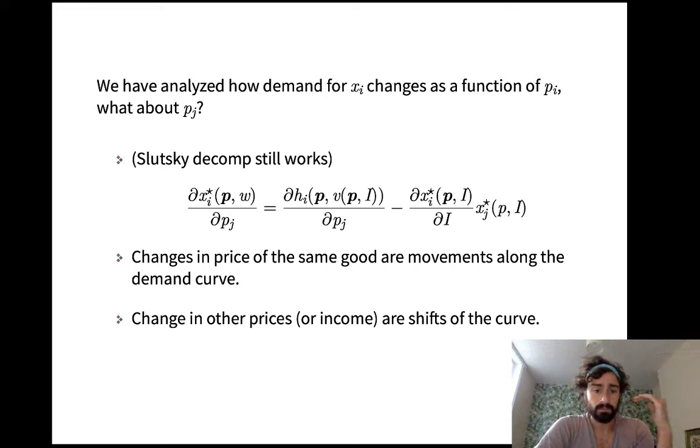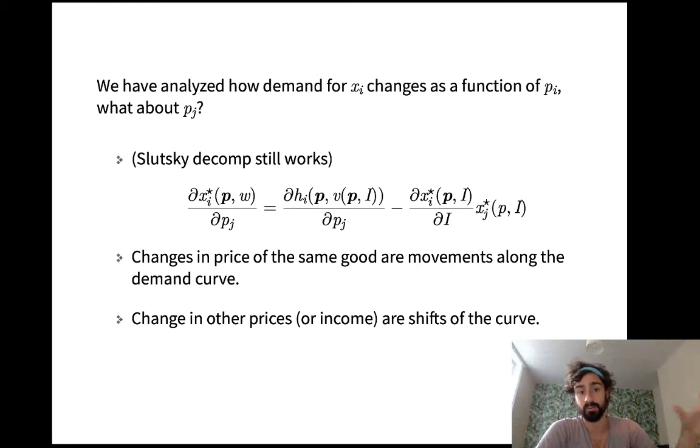What we are going to talk about is how changes in the price of its own good are movements along a demand curve. I don't know if you remember from an intro economics class, you have things that cause movements along a demand curve and shifts of the demand curve, right? So changes in other goods' prices shift the demand curve. It creates a completely new demand curve, right? Because xi star of pi is a function, the demand curve for good i is a function of the price of good i alone.